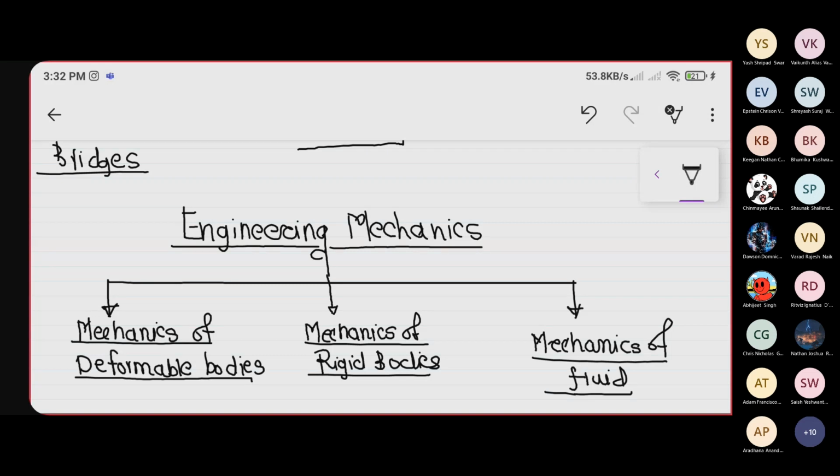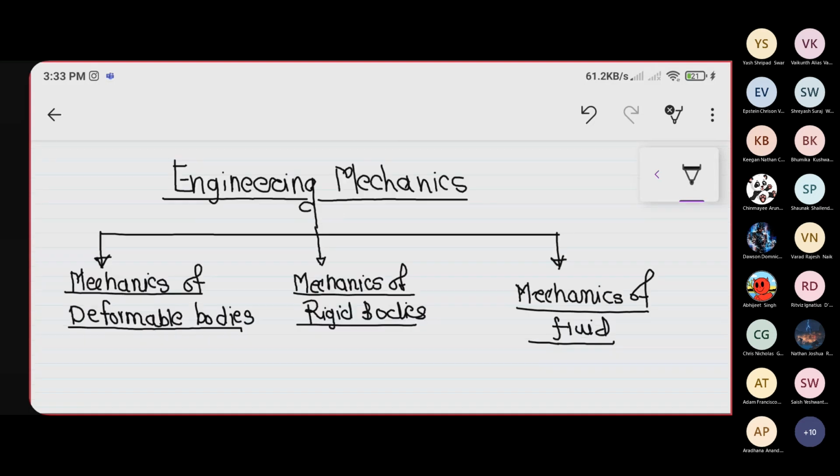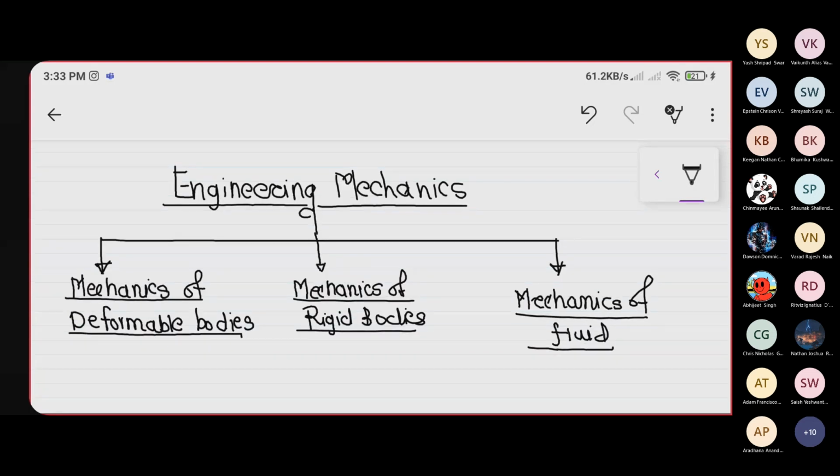In engineering mechanics, we can classify in three subclasses.